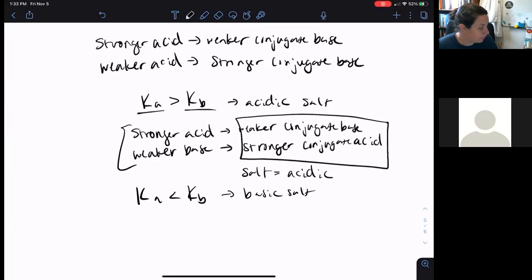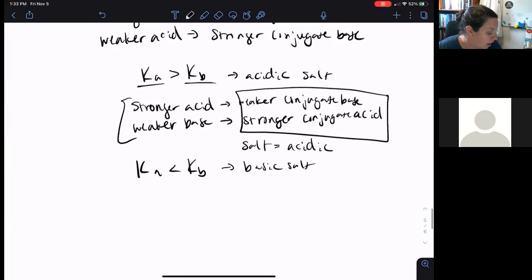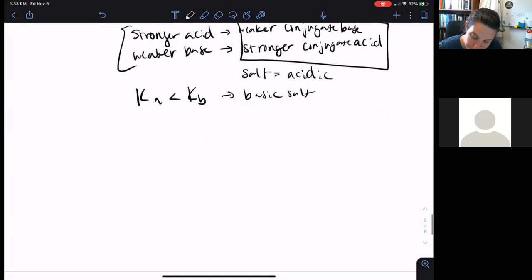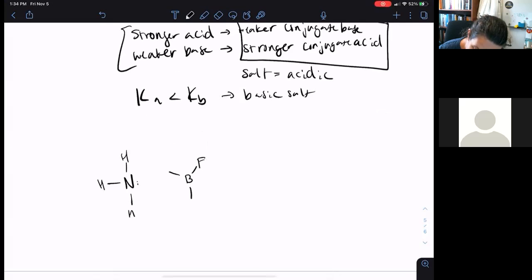You guys should also be able to draw Lewis acid base adducts. So something like we have NH3 along with BF3.